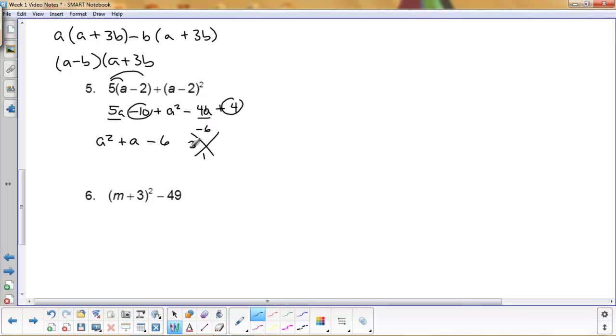So that's going to be 3 and negative 2. So that's a plus 3 and a minus 2. See how I did that? That was mental factoring. I recognized that the coefficient of my a was 1, and so since that's the case, my factor pairs are the answer. So it's a plus 3, a minus 2.